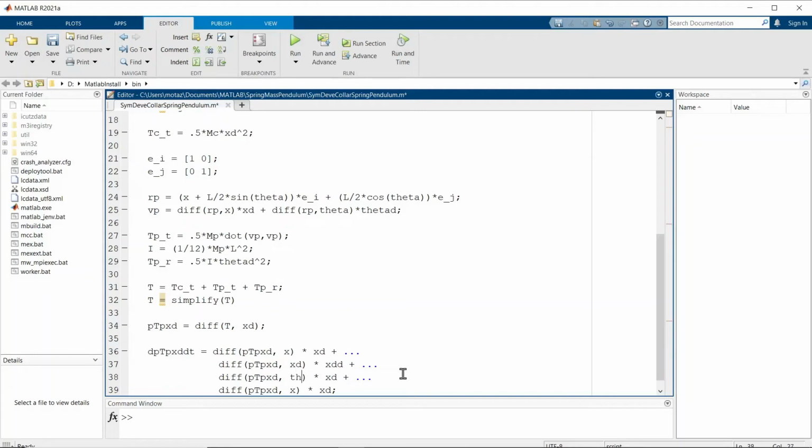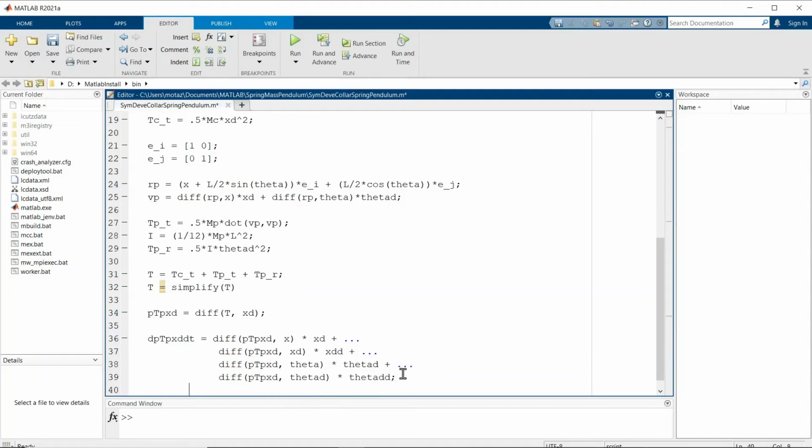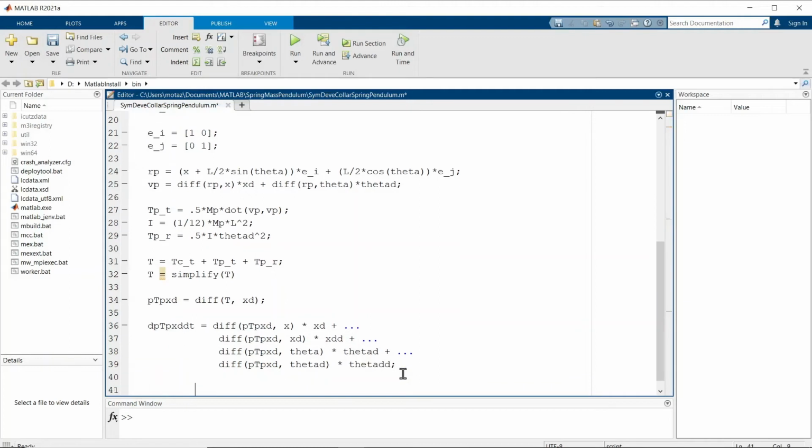The x dot, this will be theta, and then this will be theta dot, and this will be theta double dot. So that's the first term of the Lagrangian.